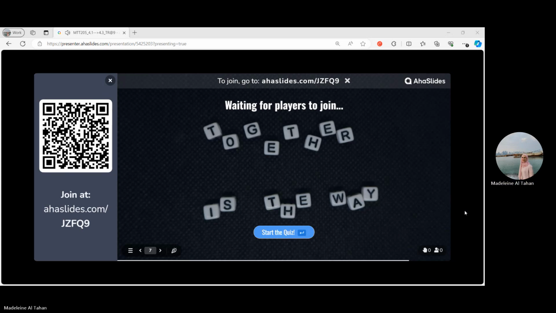Do we have any questions? And to make sure that everything is clear, we go for an in-class activity and then we will solve other exercises. Please join by the QR code.